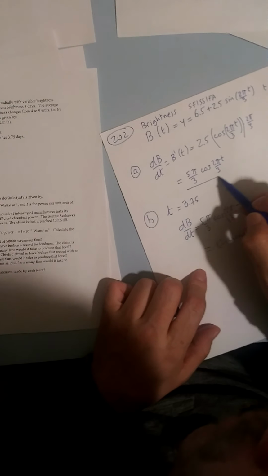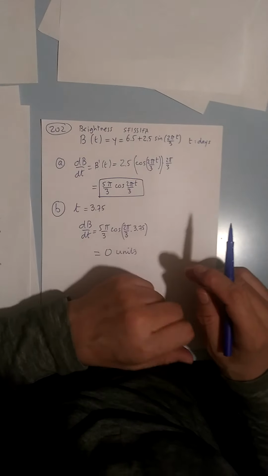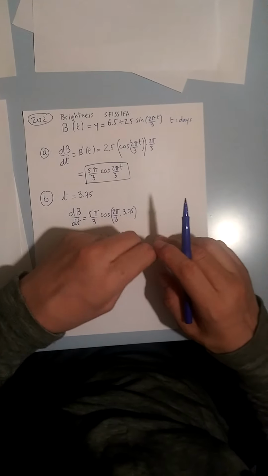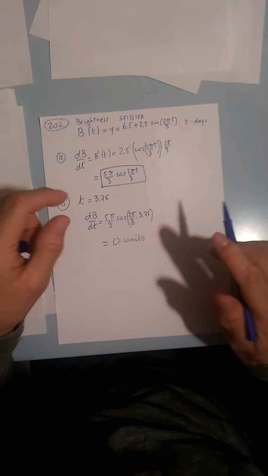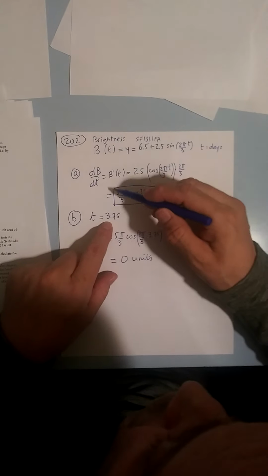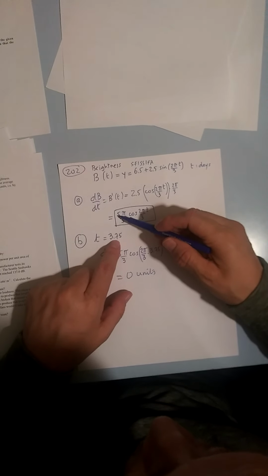So this is the rate at which the brightness of the star is going to change, the rate per day. They want to know at 3.75 days, what is the rate of change of brightness? So what do you do? You put 3.75 here for t in the equation for rate.